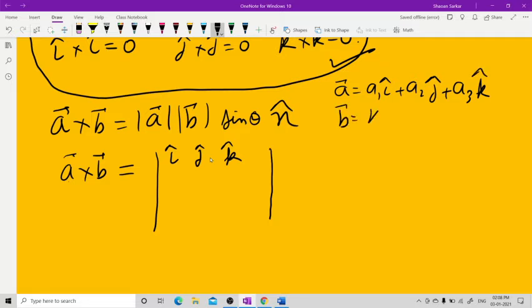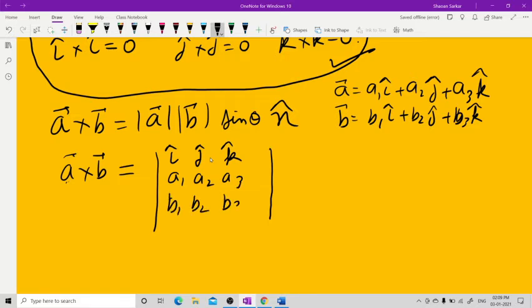B vector was B1 I cap, B2 J cap, and B3 K cap. So since this is the A vector, you will first write the components A1, A2, A3. Then you will write B1, B2, B3.